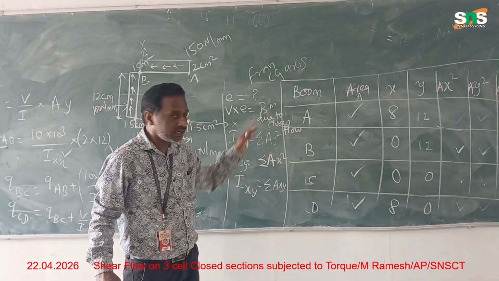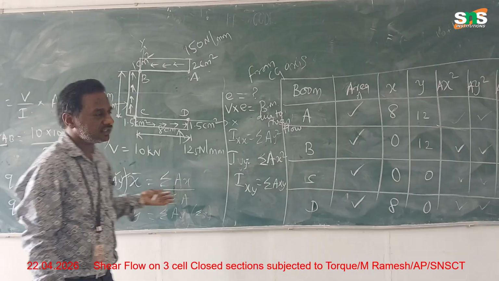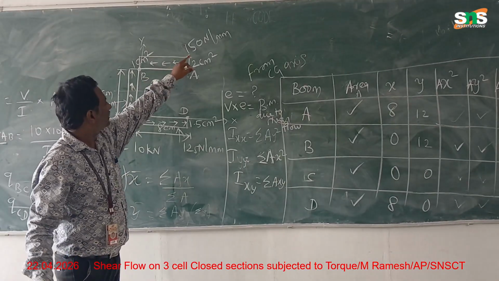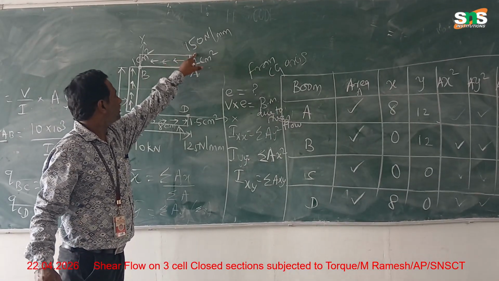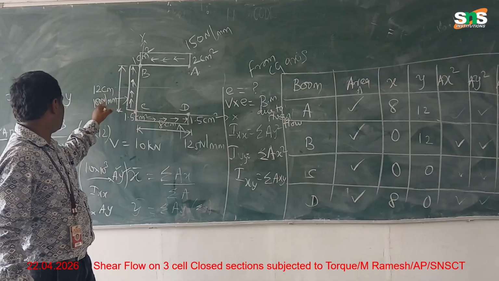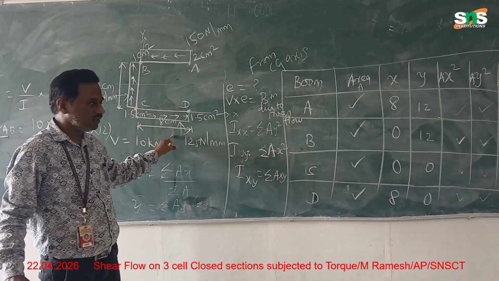That is equal to the bending moment due to the shear flow. The shear flow here is 150 Newton per mm, here it is 100, and here it is 125.